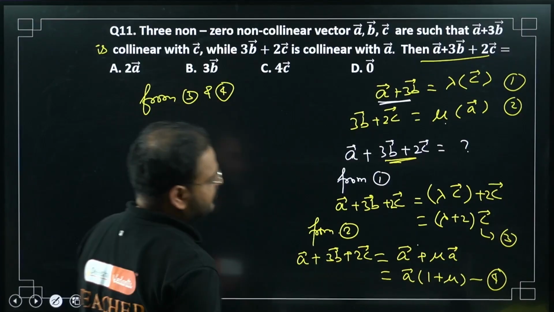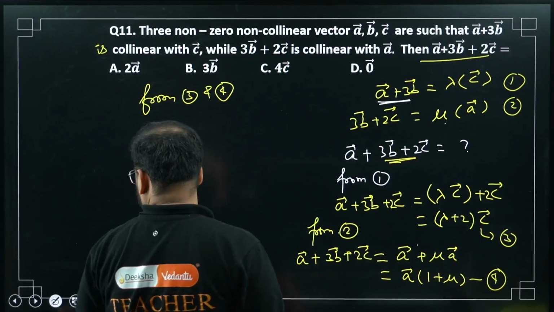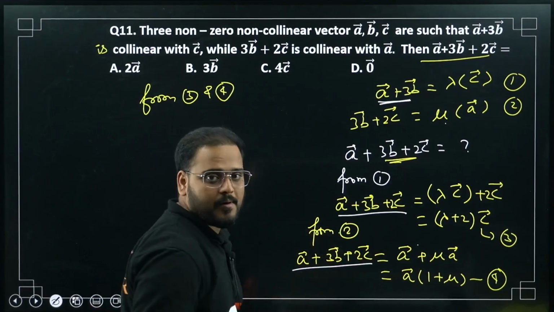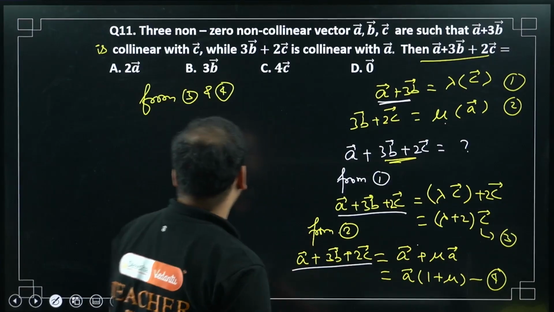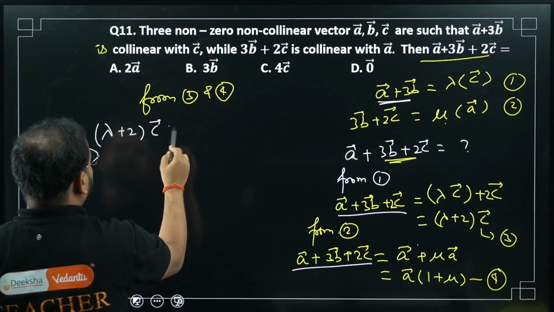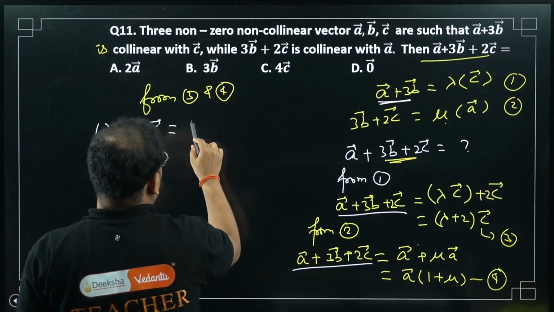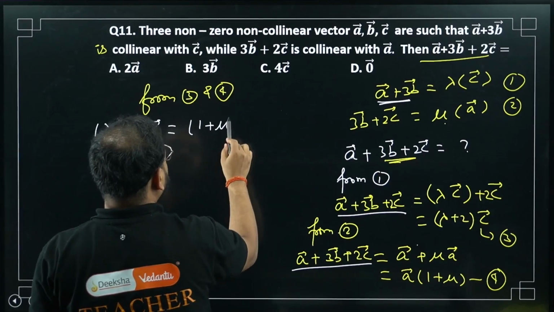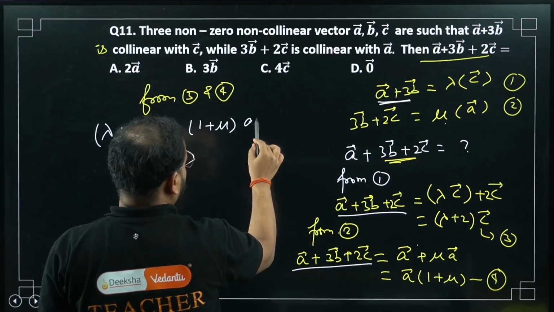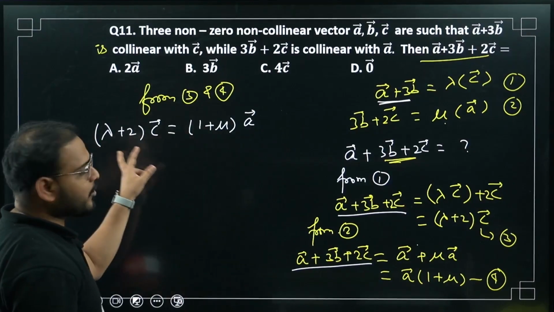In equations 3 and 4, the LHS is the same, correct? So the RHS also has to be the same. Lambda plus 2 times C equals 1 plus mu times A. Is there a vector A on this side?